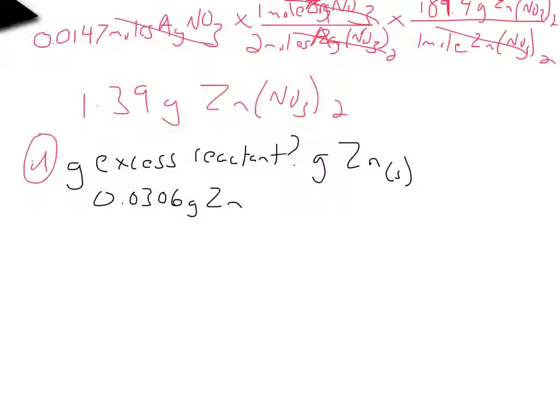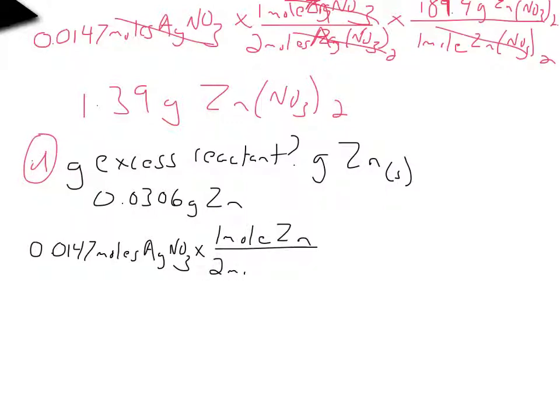If we have our limiting reactant again, 0.0147 moles of silver nitrate, we want to figure out how many moles of zinc we use with that. In 1 mole of zinc, we know there's 2 moles of silver nitrate based on the stoichiometry, and so that comes out to 0.00735 moles of zinc that we're actually going to use.